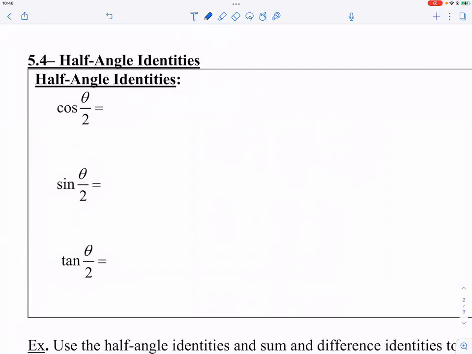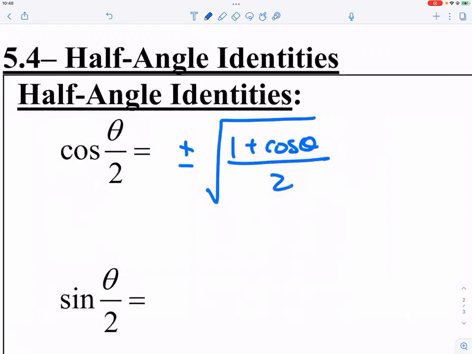They look something like this. Depending on where the angle is located, it could be plus or minus. It could be plus or minus of what? 1 plus cosine theta over 2. So that's the cosine of theta over 2.